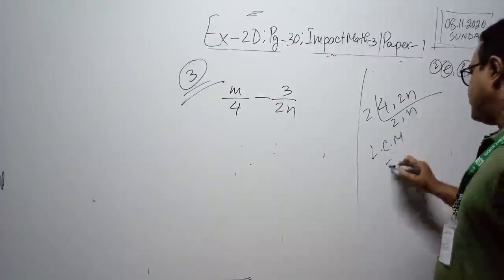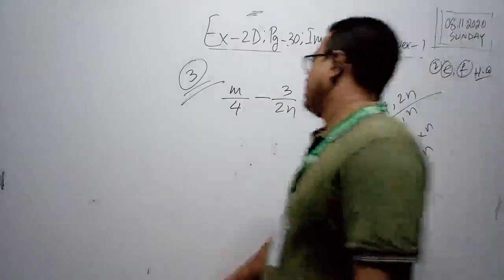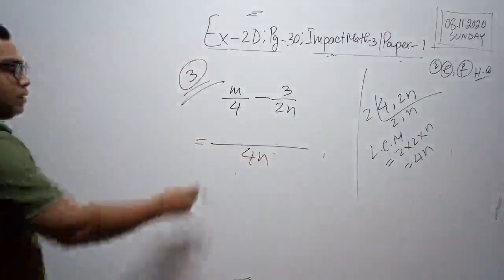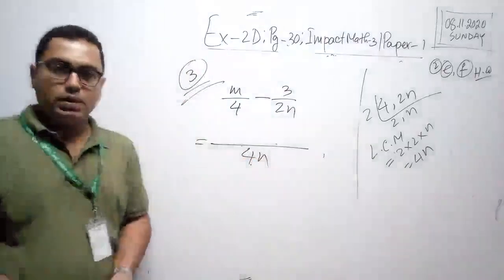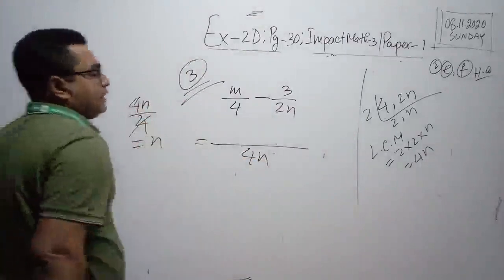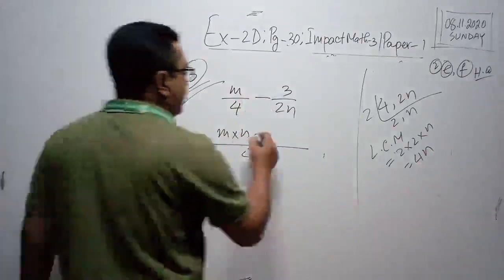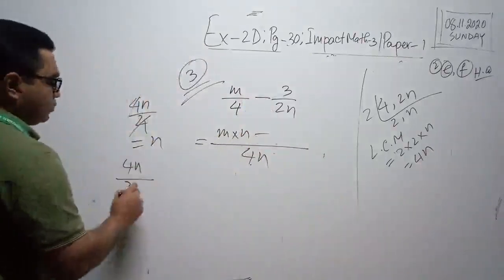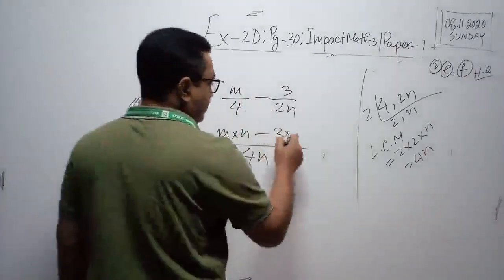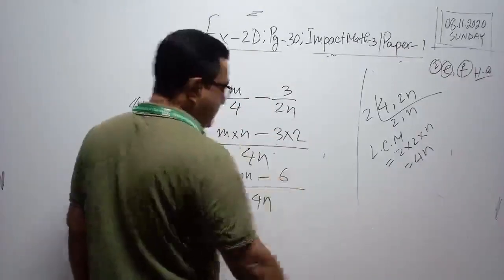So LCM is equal to 2 into 2 into n, so 4n. LCM is 4n. 4 goes into 4n, that means 4n divided by 4, we have n. That n will be multiplied with the numerator m. Minus 4n divided by 2n, 2 goes into 4 two times. 3 multiplied by 2. So 4n, here mn minus 6. Done.